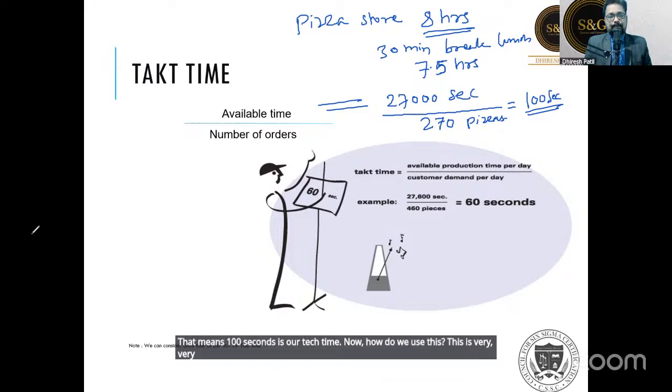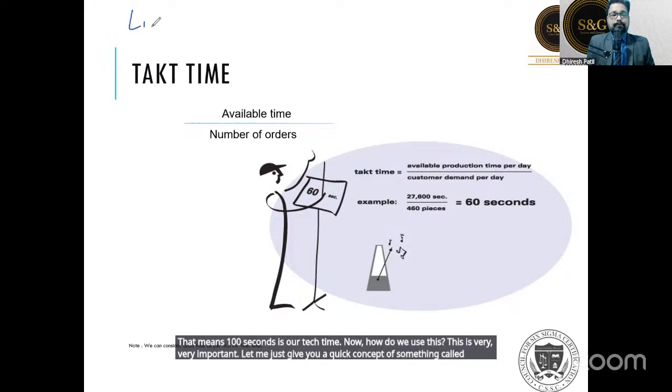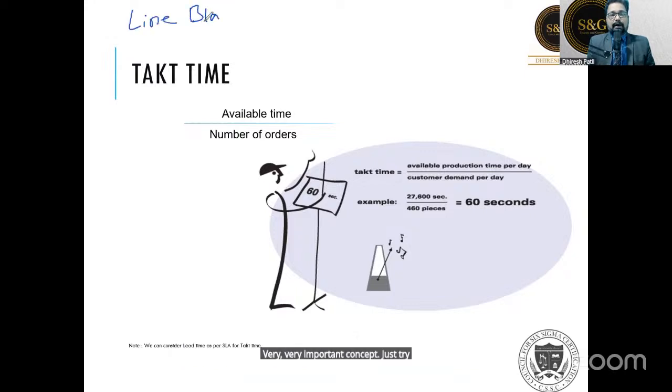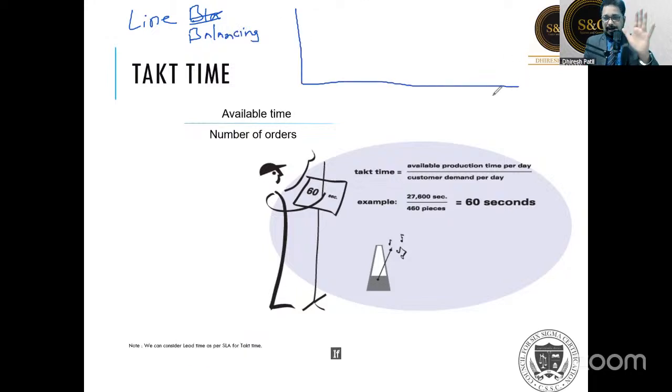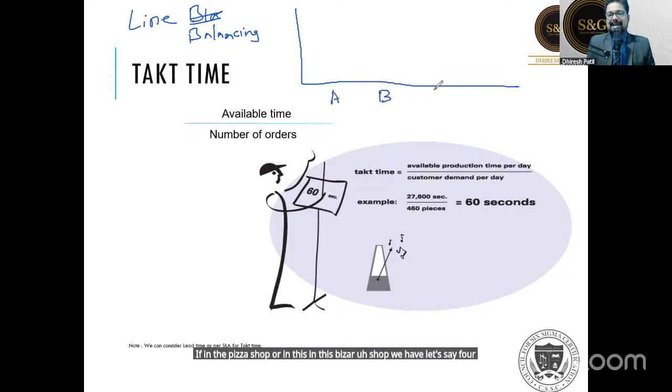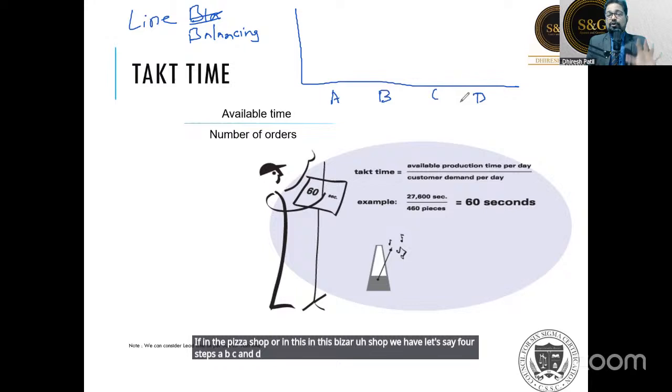Let me just give you a quick concept of something called line balancing. Very, very important concept. Just try to understand this. If in this pizza shop we have, let's say, 4 steps: A, B, C, and D. These are the 4 steps of making pizza.